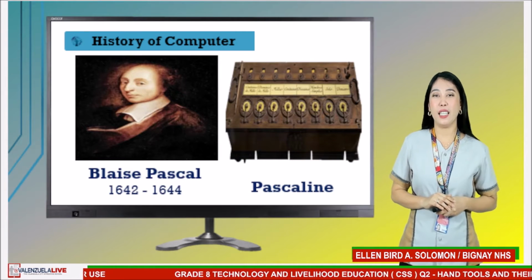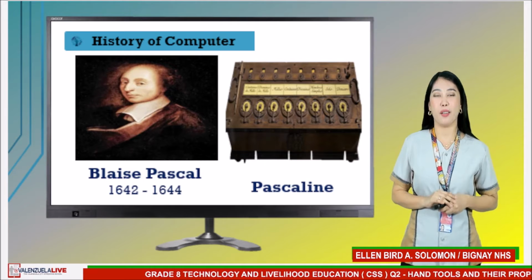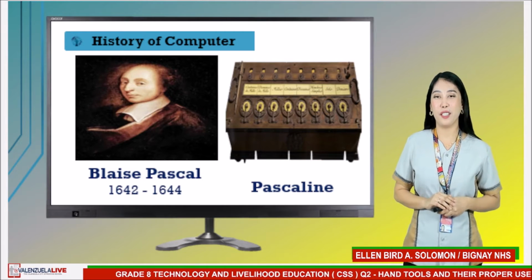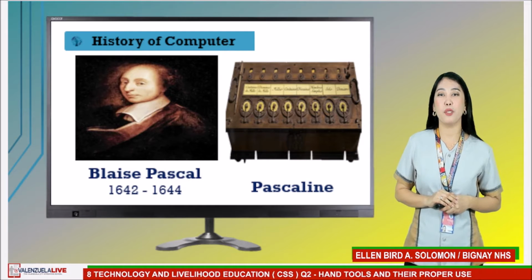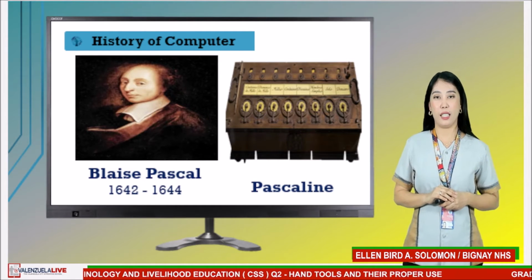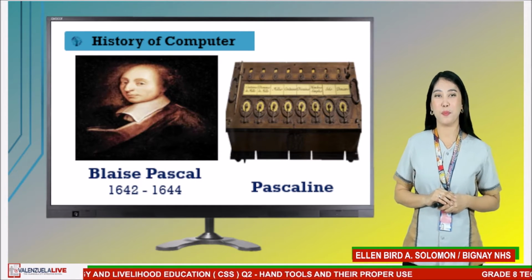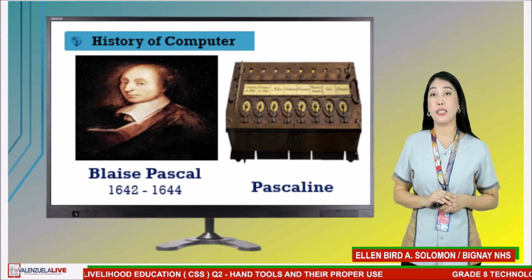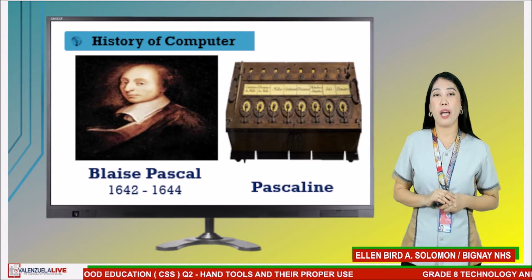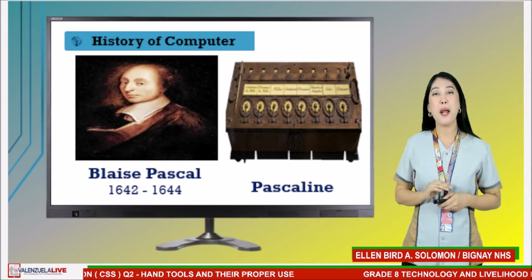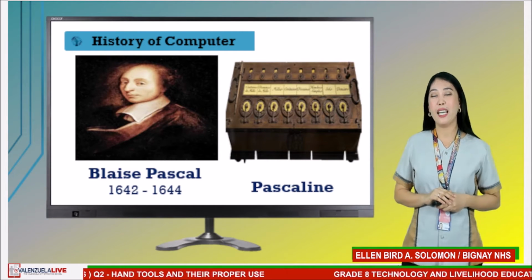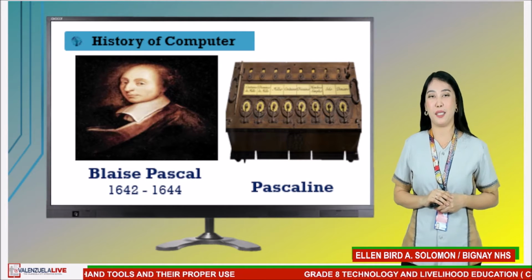The Pascaline, also called the arithmetic machine, was the first calculator or mechanical adding machine to be produced in any quantity and actually used. The Pascaline was designed and built by the French mathematician and philosopher Blaise Pascal between 1642 and 1644.